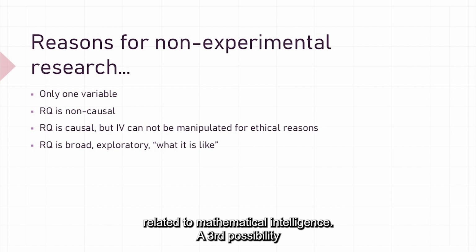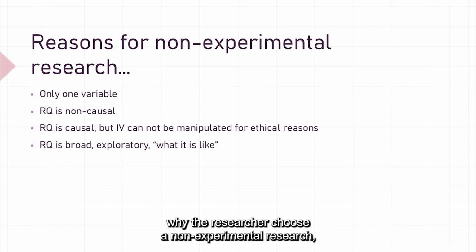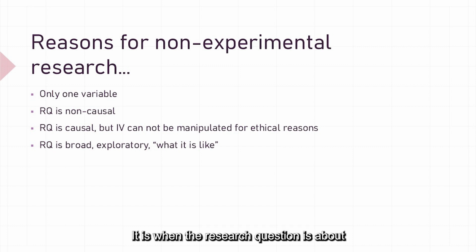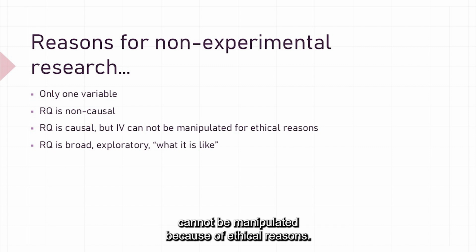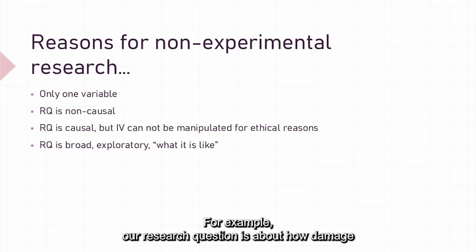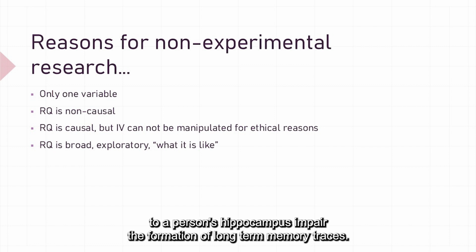A third possibility why the researcher chooses non-experimental research is when the research question is about causal relationships between variables, but the independent variable cannot be manipulated because of ethical reasons. For example, our research question is about how damage to a person's hippocampus impairs the formation of long-term memory traces.